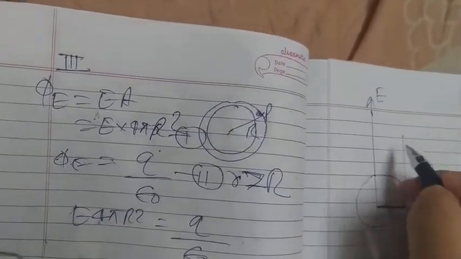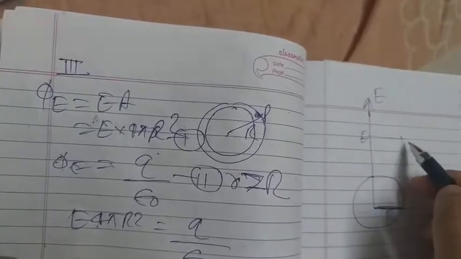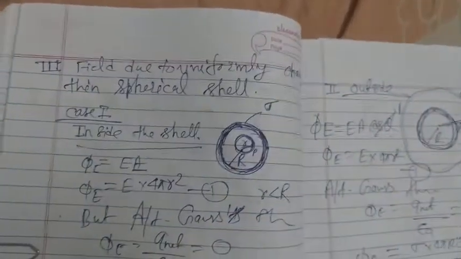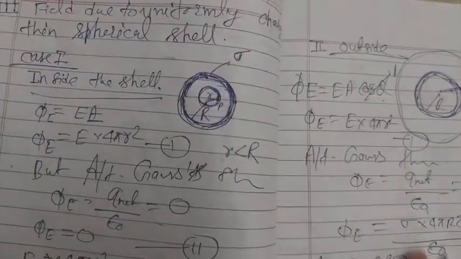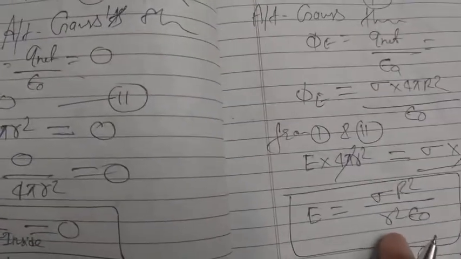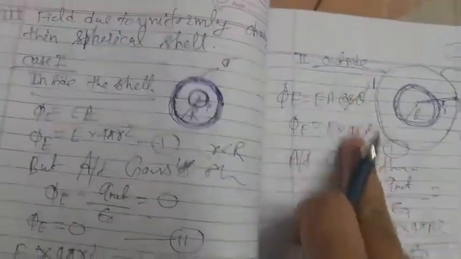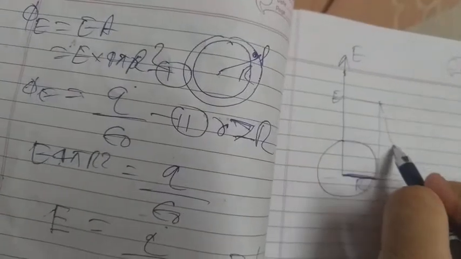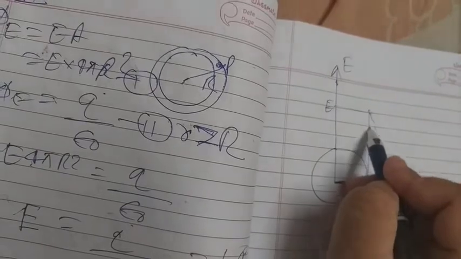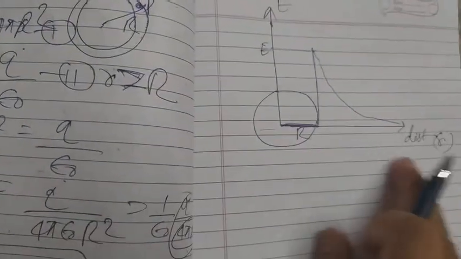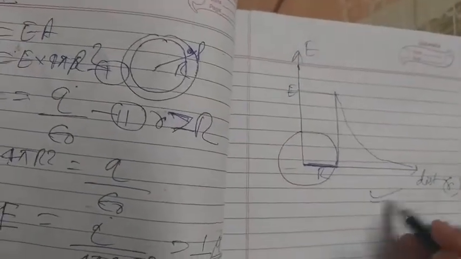So suppose this is the maximum electric field E, and when the point is outside, you can see that it is inversely proportional to r squared. Outside, when r increases, the electric field decreases. So on the surface the electric field is maximum, and it decreases when distance increases. So this is the graph.